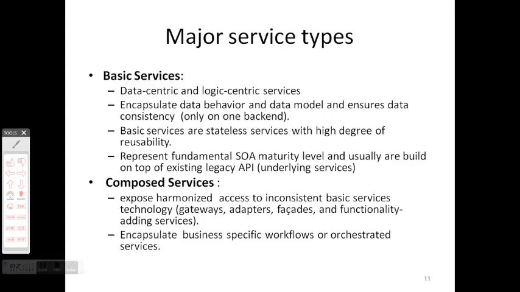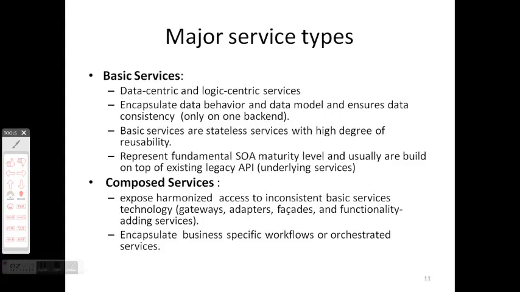So basically, our smallest piece of business logic is put into one box and provides one particular functionality. It encapsulates data behavior and data model, and ensures data consistency. It provides basic services that are stateless.